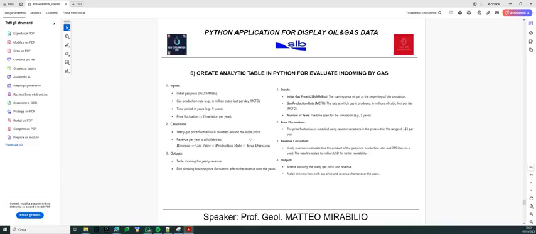Gas fluctuation is modeled around the initial price. Revenue per year is calculated as gas price times production rate times year duration.